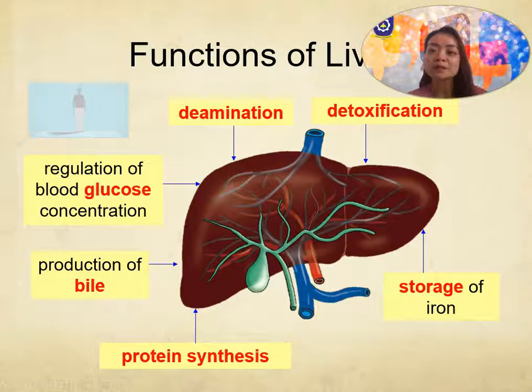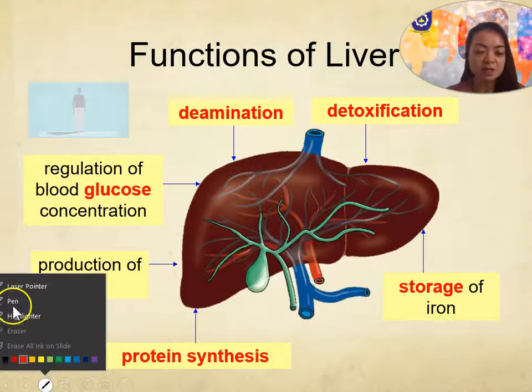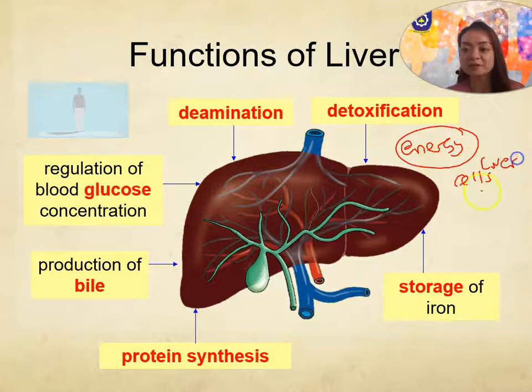Alright, so what are the different functions of the liver? Now, the liver is a very important organ and it carries out many activities, and that is why it requires a lot of energy. Your liver is an organ that requires a lot of energy, and that's why all the liver cells have a lot of mitochondria.